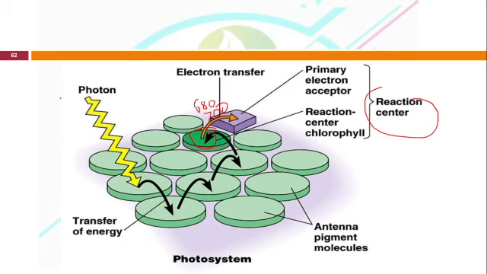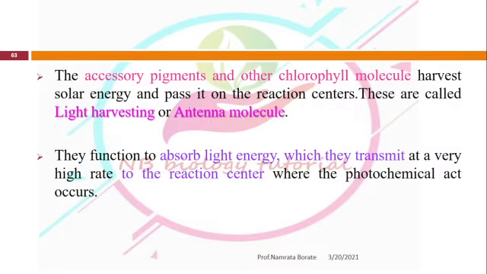All these absorb light energy in the form of photons, and it is transported towards the reaction center, that is towards chlorophyll a, whose reaction center is P680 or P700. The accessory pigments, the other chlorophyll molecules b, c, d, carotene and xanthophyll, harvest the solar energy and pass it on to the reaction center.